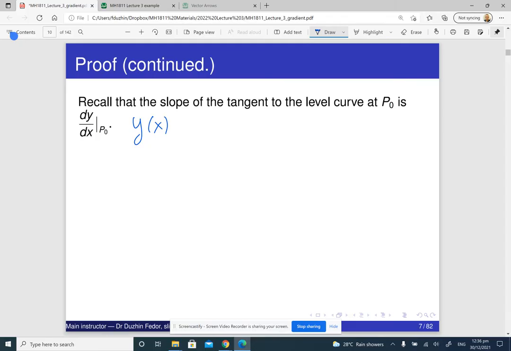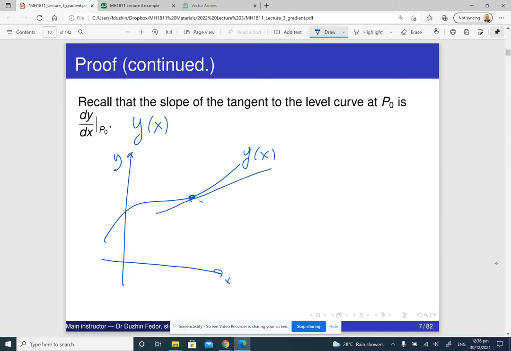So if you have a coordinate axis, and this is your function y as a function of x, and then you take any point, right? Then you take the tangent line, take the horizontal direction, and take the angle between the tangent line and the horizontal direction.